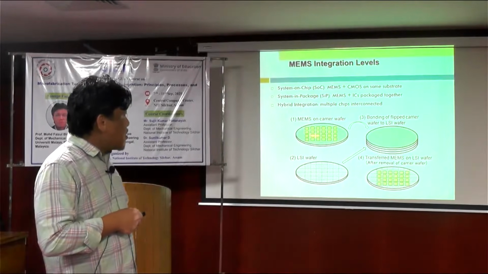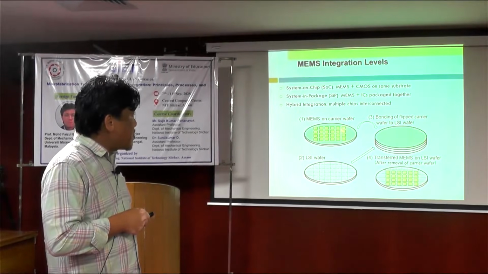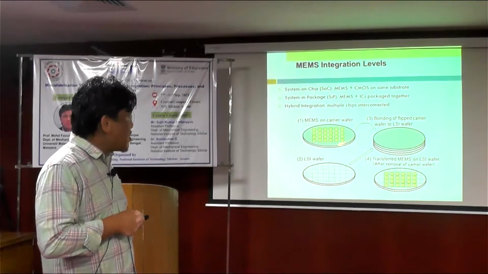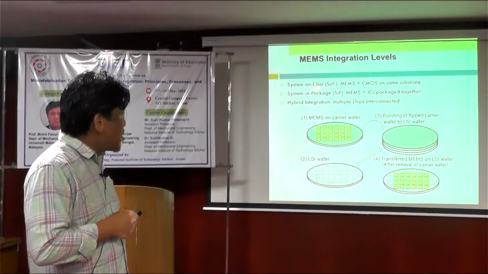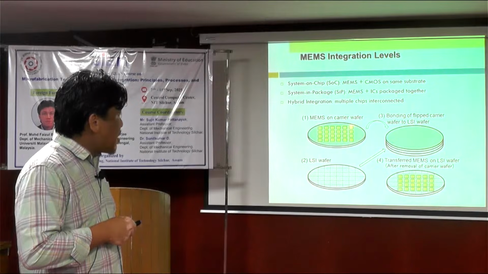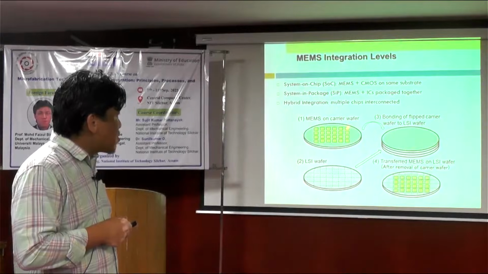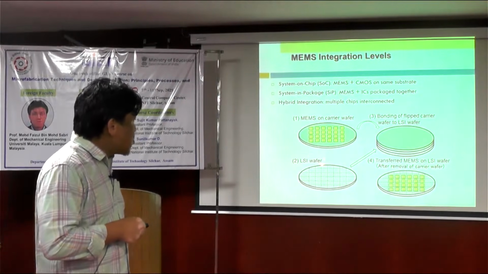For example, in the process of MEMS we have looked at before, you need a wafer to process the MEMS. Then we design the MEMS devices or chips on one silicon wafer. In the case of system on chip, we might design from the beginning that these MEMS devices also come with a CMOS or IC integrated.